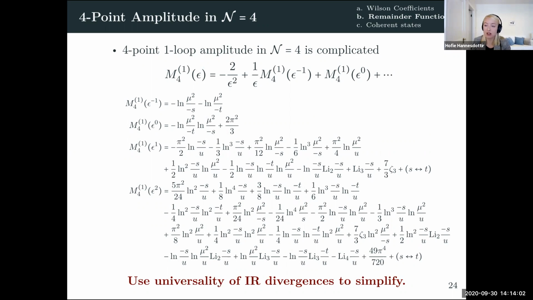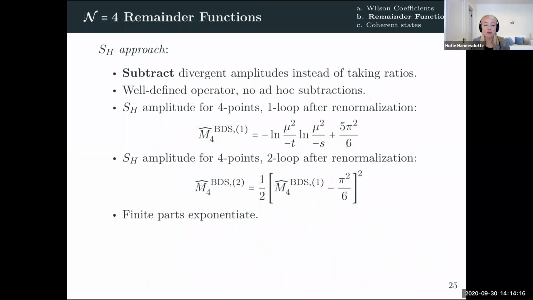And that's something people have already done, by computing remainder functions, which compute basically the ratio of amplitudes to an exponentiation of this one loop amplitude, which has all the full IR divergences here. But the approach using the hard S matrix is to subtract divergent amplitudes instead of taking ratios.